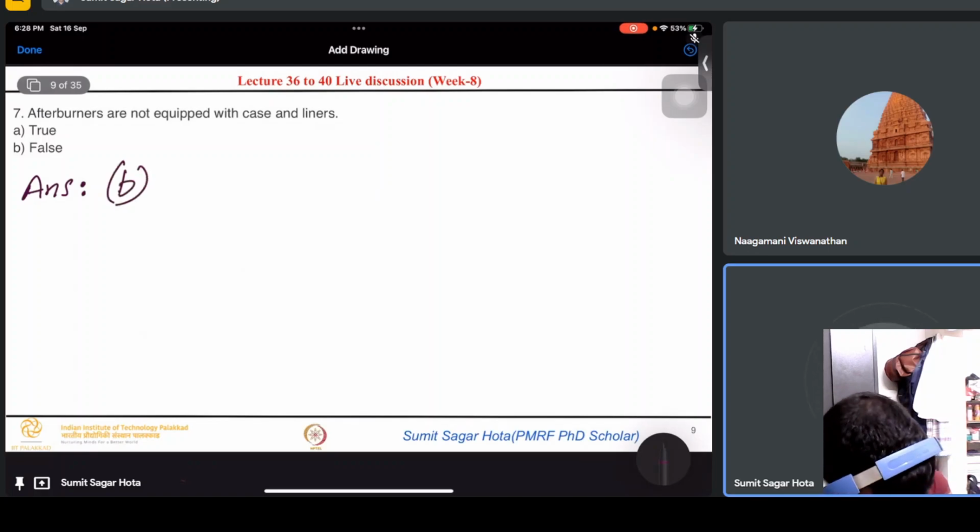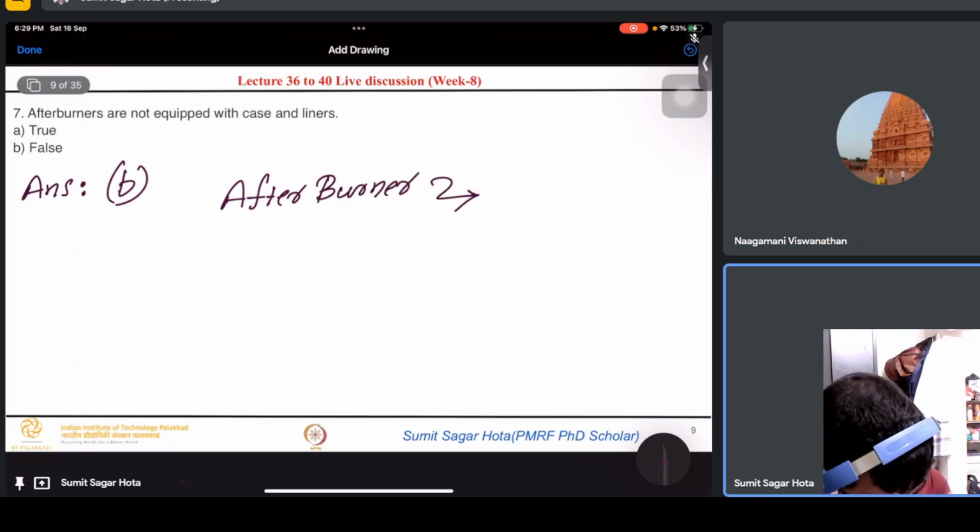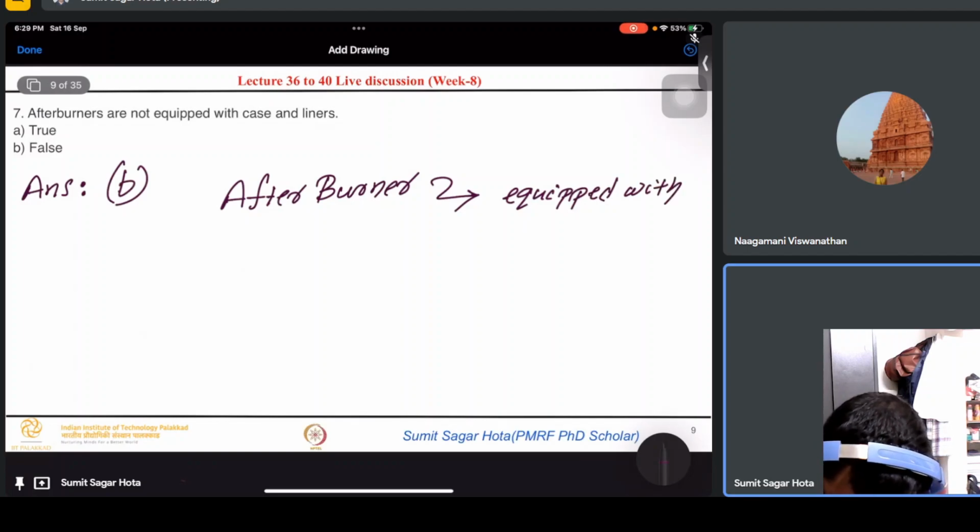The answer is false. So afterburners are equipped with case and liner.